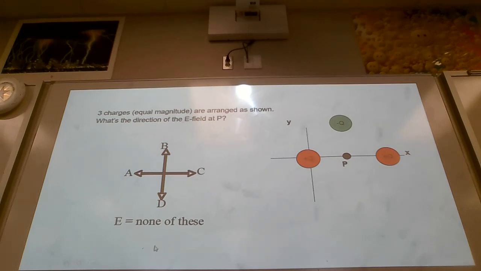Okay, correct answer is B, bountiful buffaloes. To the right, to the left, cancels out. You just have going up to negative.